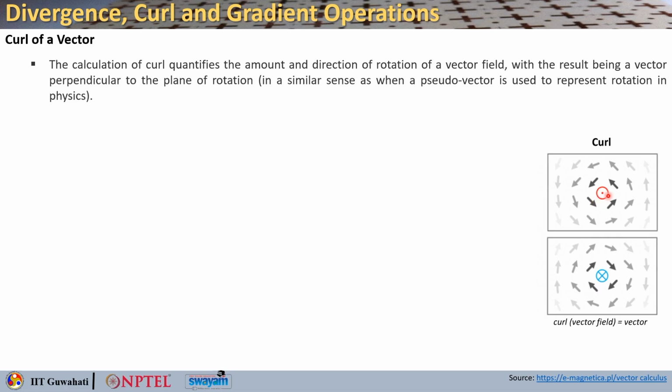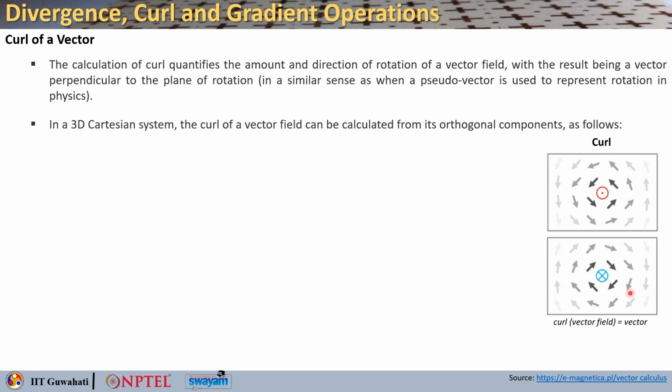So, it is basically telling you the direction, okay, and the vector is perpendicular to this plane of rotation. So, this screen is basically the plane of rotation and the vector is basically coming out of the plane. On the other rotation, if it is going say clockwise in this direction, okay, so you will see it is doing like this. So, in that case, from the plane of rotation the vector is basically pointing inward.